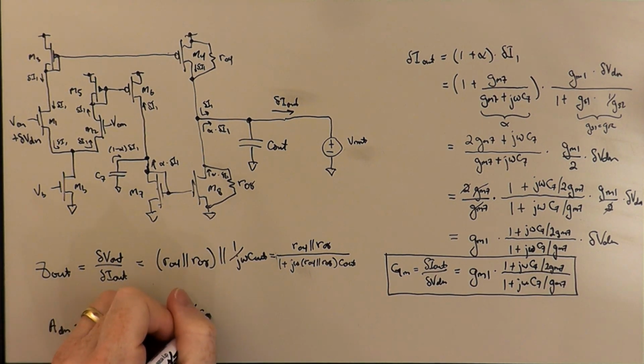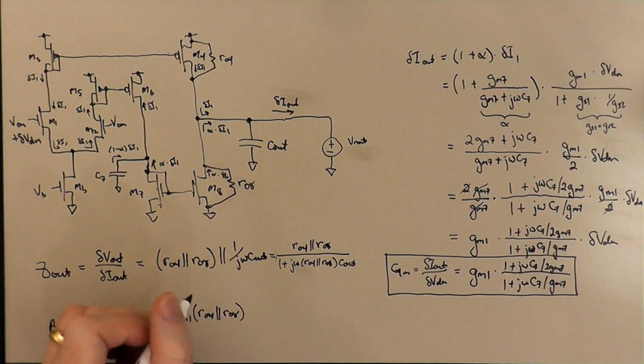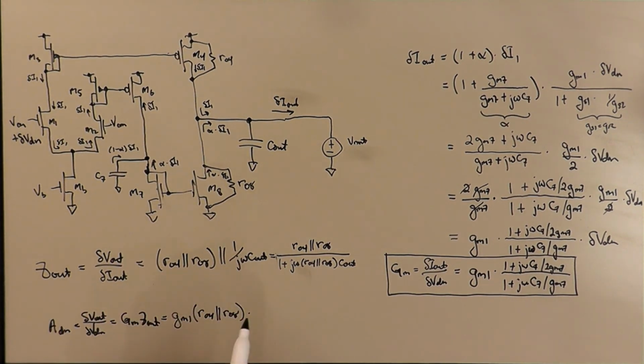times RO4 parallel RO8. And now we have two frequency dependent factors. We have the one that came from the output impedance, and we have now a pole in the response due to the presence of this C7, and we have a 0. And it's going to be a left half plane 0, because the location of the frequency that makes the numerator term go to 0 is going to be in the left half plane.